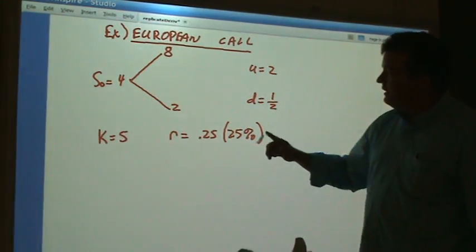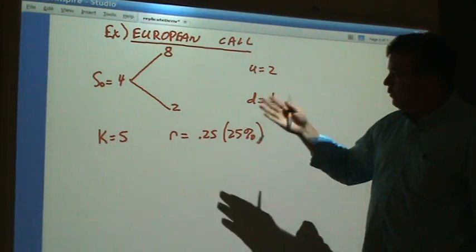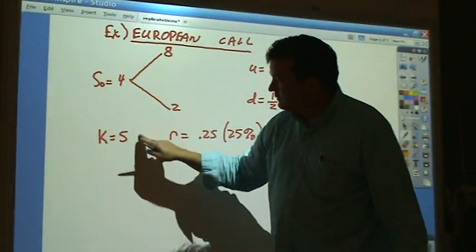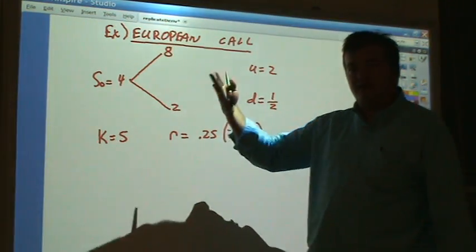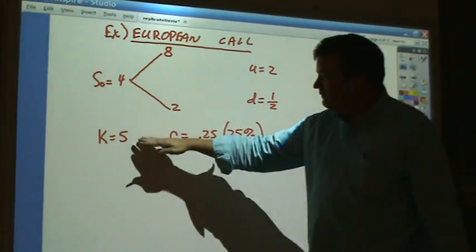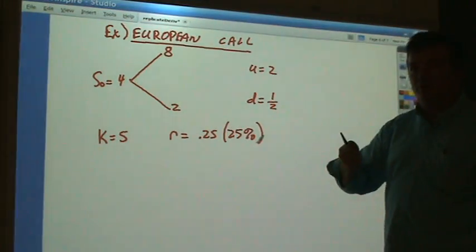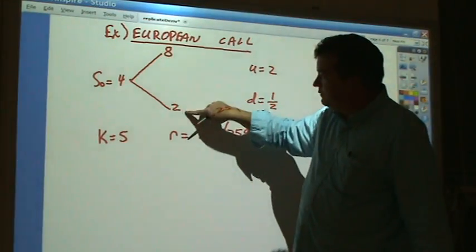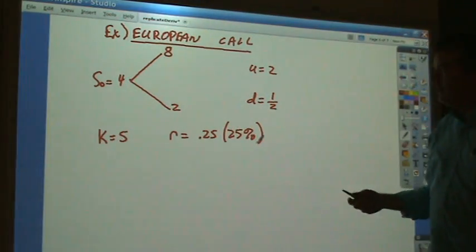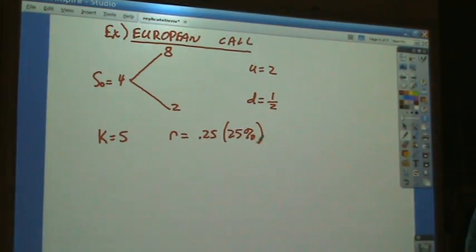So, 1 year from now, what will the value of this option be? 1 year from today, everything above $5 is a profit to the person who's buying the call. It could be $8 and it could be $2. So what would the profit be 1 year from today? $3?